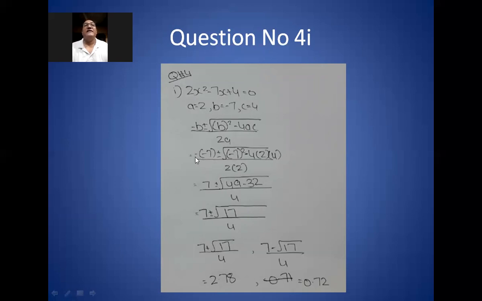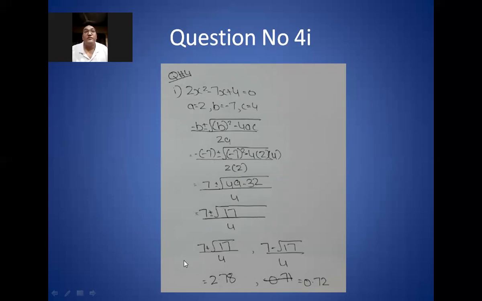The b value is minus 7, so you can see I've written minus, bracket, minus 7, bracket close, plus minus under root, minus 7 whole squared minus 4 into 2 into 4. So this will become plus 4 plus minus, minus 7 whole squared is 49. It's positive 49. Remember that. So it will be minus 32, the whole thing divided by 4. So 7 plus minus under root 49 minus 32, which is 17, divided by 4.